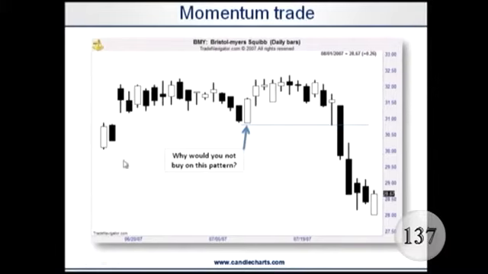Risk reward. Think about this risk reward. If you buy it here, my resistance, I think we would all agree with this, would be the highs here. So we would not be buying on that pattern.